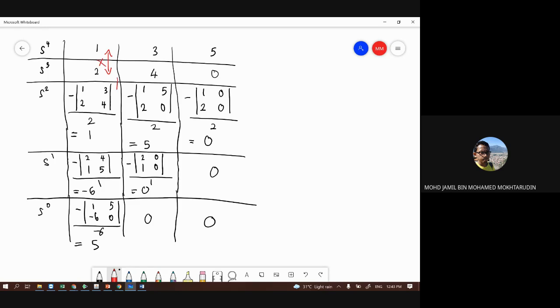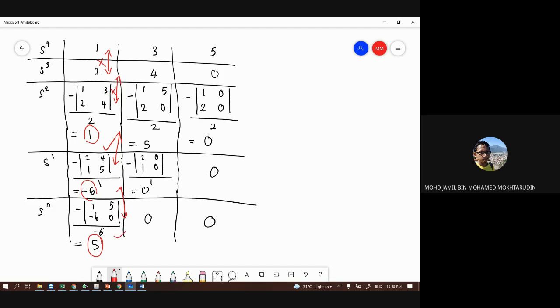From row S3 to S2, also no sign changes, positive to positive. From row S2 to S1, we have positive here and negative here, so we have a sign change. And from row S1 to S0, again we have a sign change from negative 6 to positive.